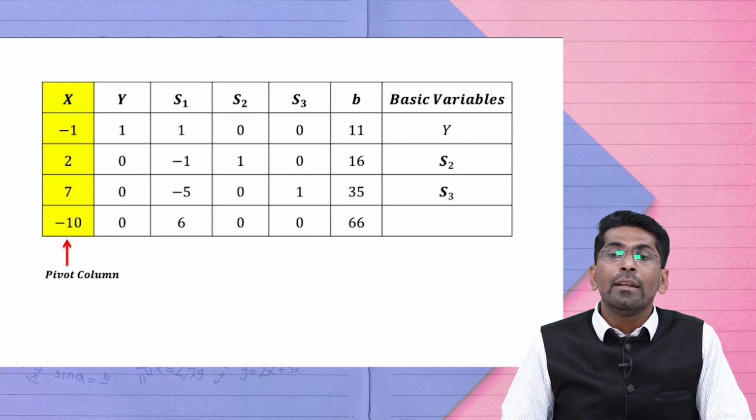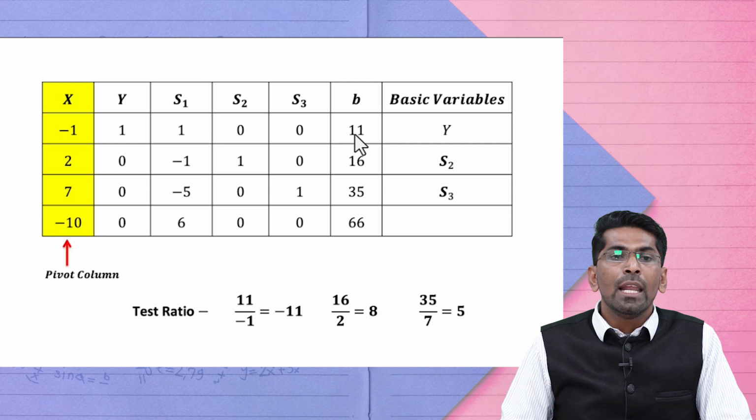To calculate the test ratio, we divide the B values by the corresponding values in the pivot column. So 11 divided by minus 1 is minus 11, 16 divided by 2 is 8, and 35 divided by 7 is 5. Here we consider the departing variable, which corresponds to the smallest non-negative ratio.